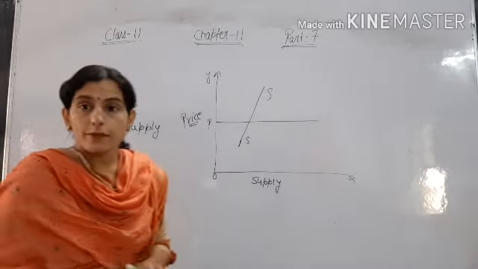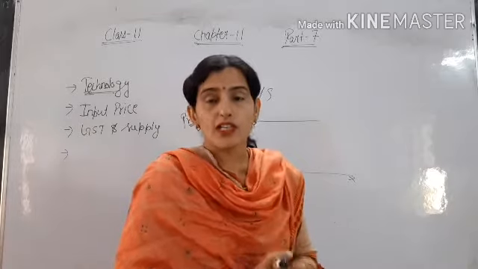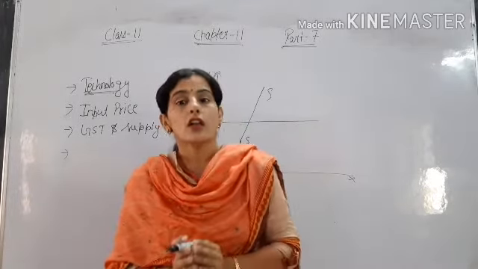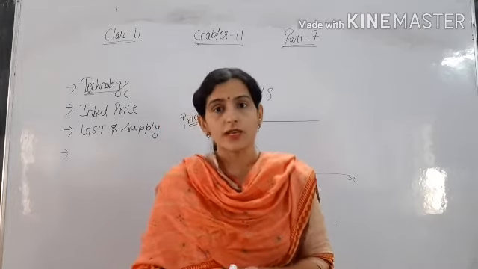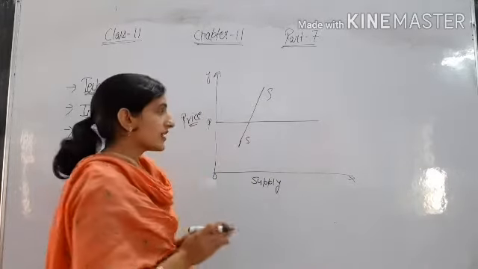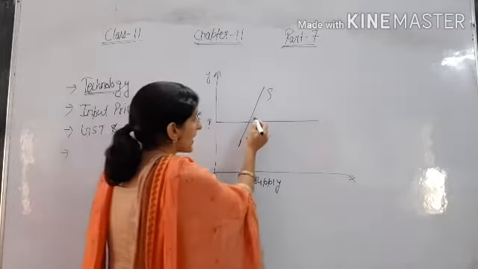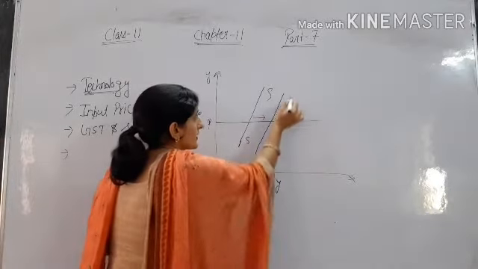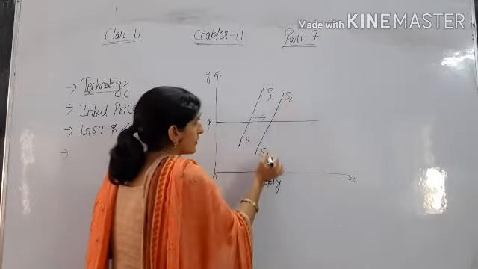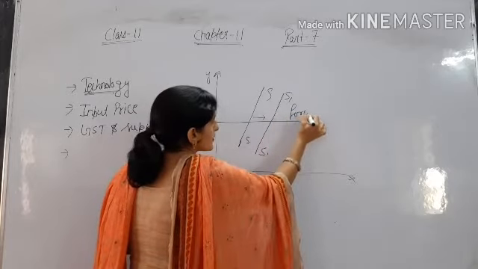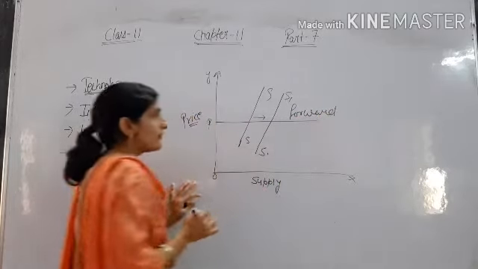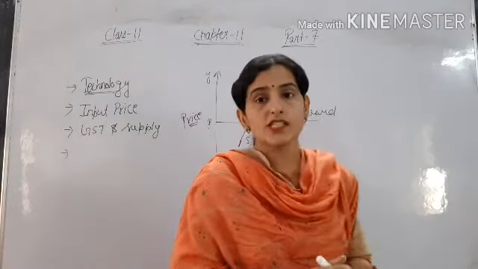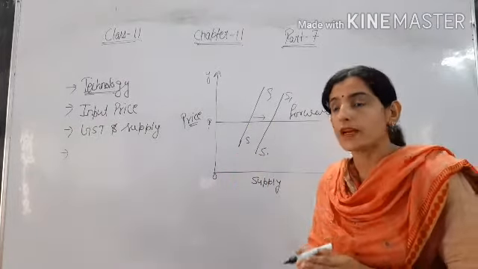If improved or modern technology is used in the process of production, then there is low cost of production.